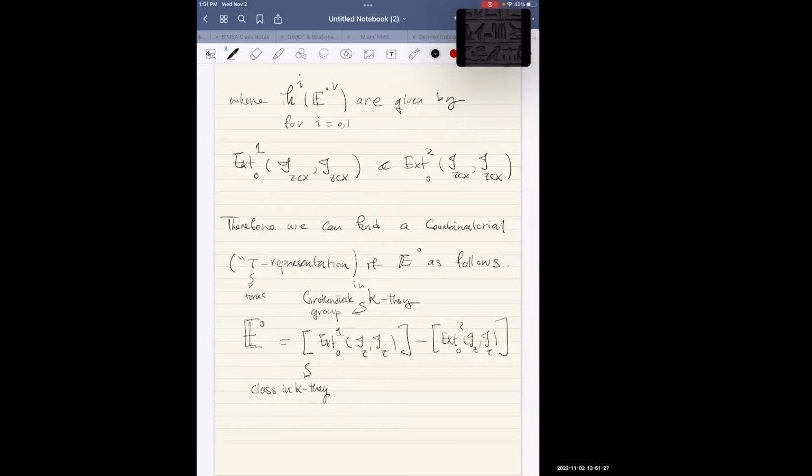Okay. So if we are looking at the situation where a torus is acting, you can just replace K theory with equivariant K theory. In the case of toric varieties, or in the case where T acts on the moduli space, we can consider torus equivariant K theory.